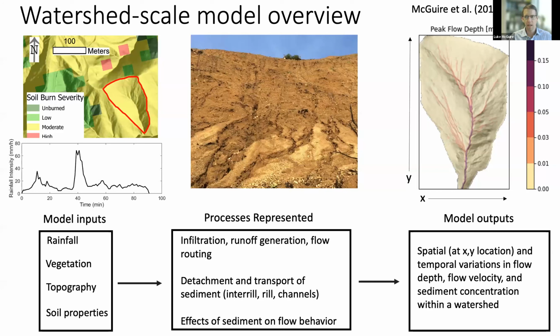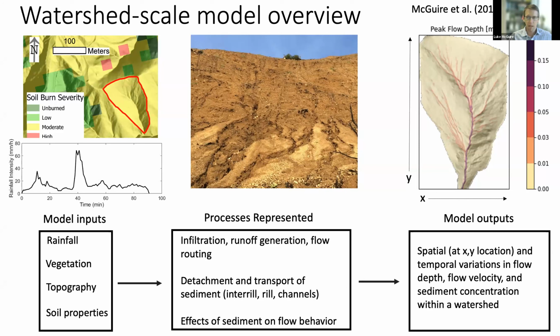You can imagine that a model designed to simulate all of these processes would need to include infiltration, runoff generation, and then the subsequent routing of that runoff across the surface. It would also have to account for detachment and transport of sediment from a variety of areas, because debris flow sediment in these post-fire environments can be sourced from a number of locations.